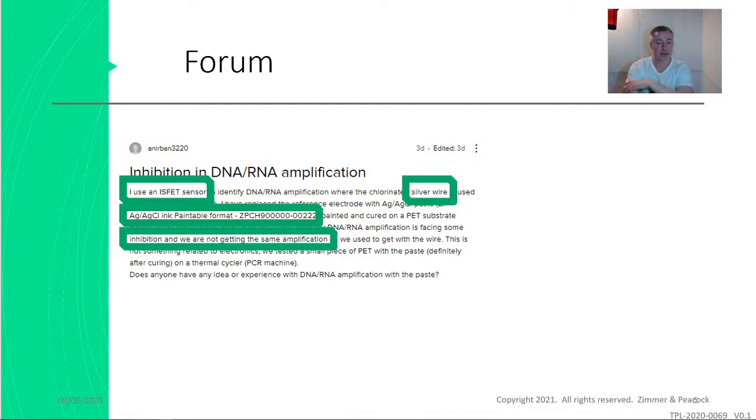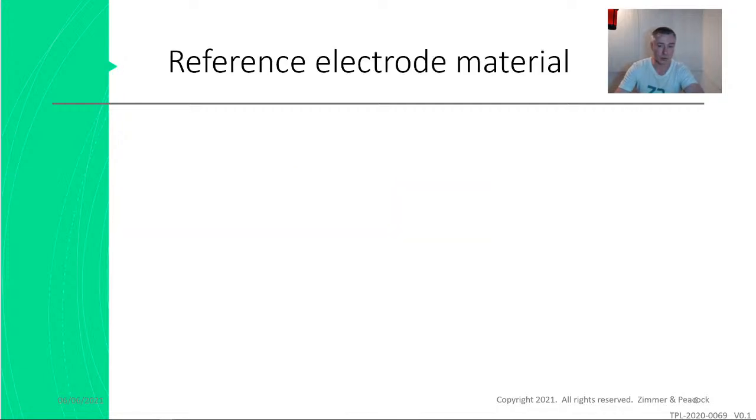He asks: I've been using this ISFET with a chlorinated silver wire as the reference. I've gone over to the ZP silver chloride ink, or paintable ink. Have we got any evidence or knowledge about it inhibiting PCR? I'm going to answer that question this evening, and then just do some normal news.